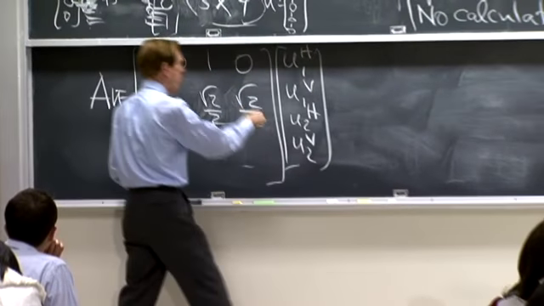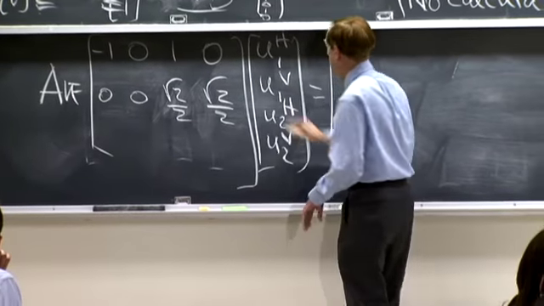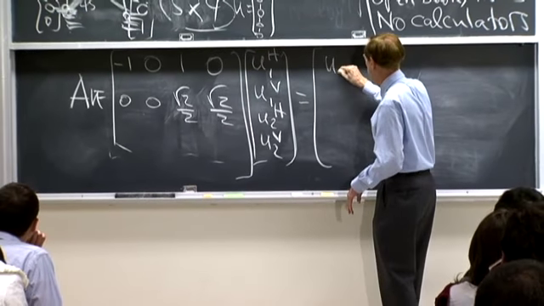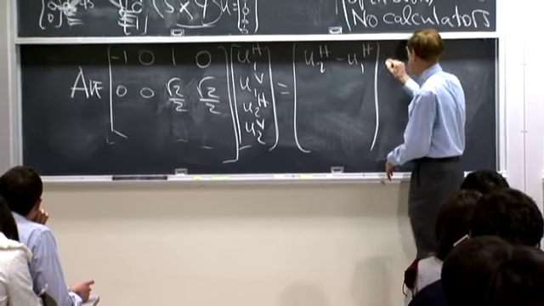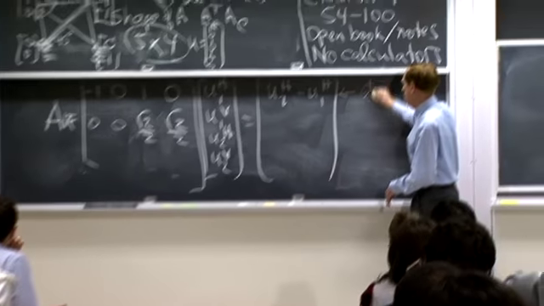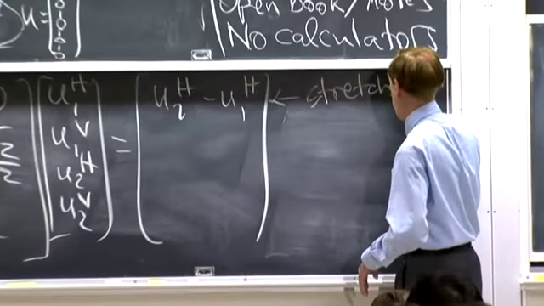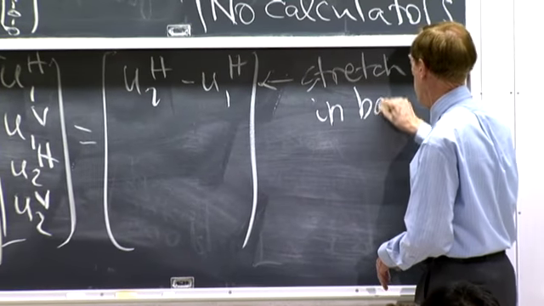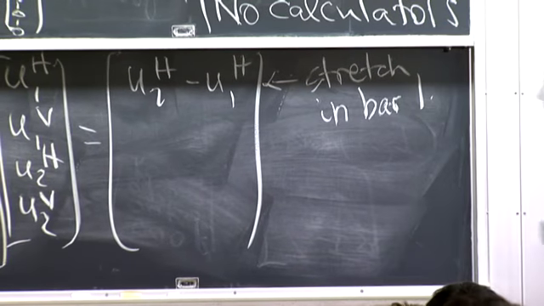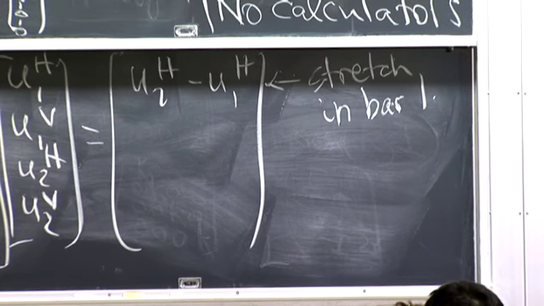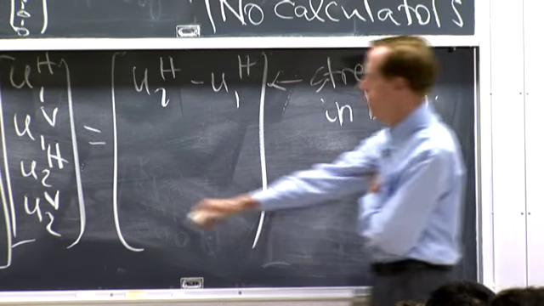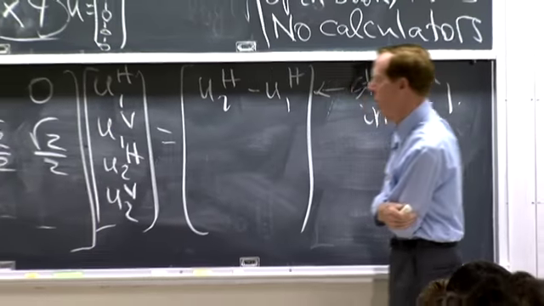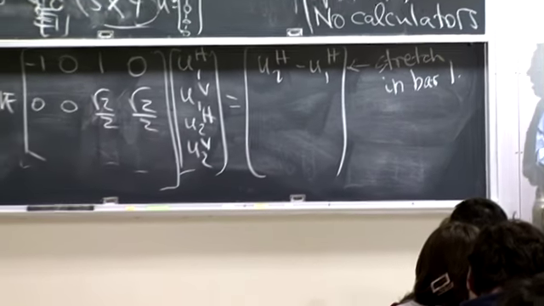And this top row should give me U2H minus U1H, which is the stretch in bar 1. So that would be a typical one, at least typical of one where I do see a cosine and a sine.